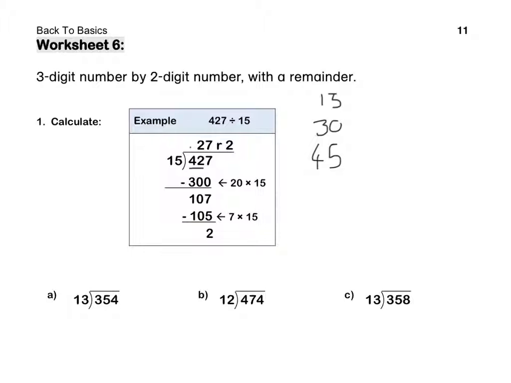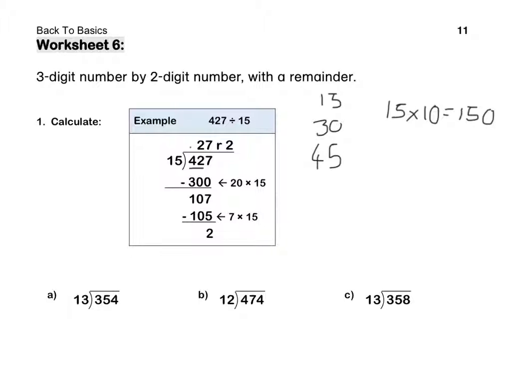Now we need to figure out how many times 15 fits into 107. So 15 times 3, or 45, is very far from 107. So let's use some estimation on the side. 15 times 10 is an easy one because it's 150. Now, 150 is quite a bit bigger than 107.